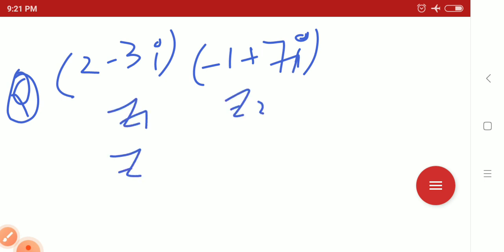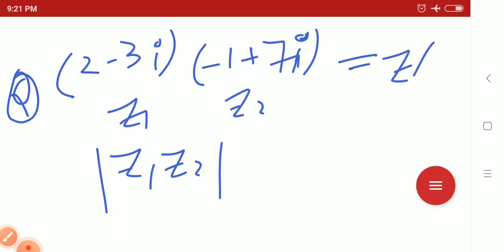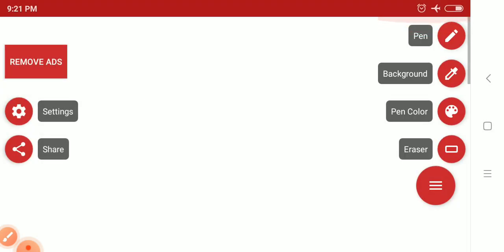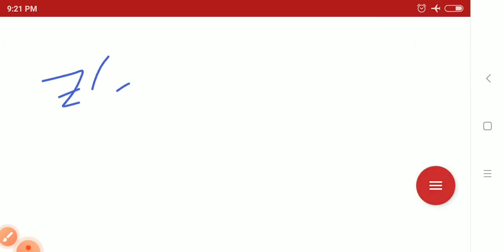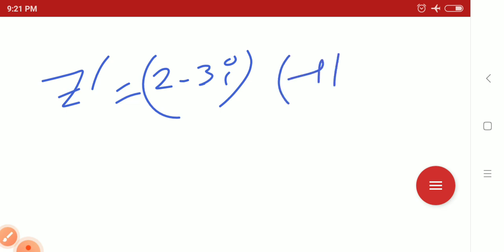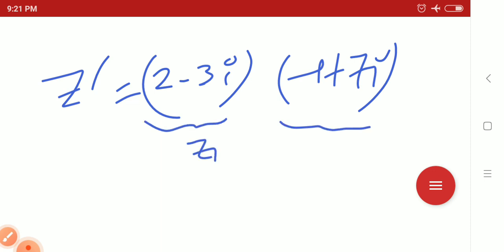Suppose you are asked to obtain the value of mod of z1 z2. So suppose z prime equals (2 minus 3i)(minus 1 plus 7i). Here it is z1, here it is z2.